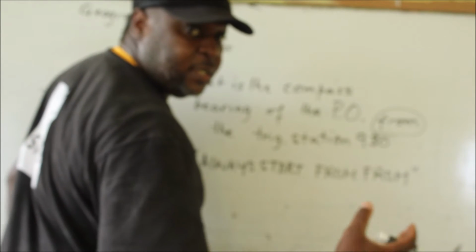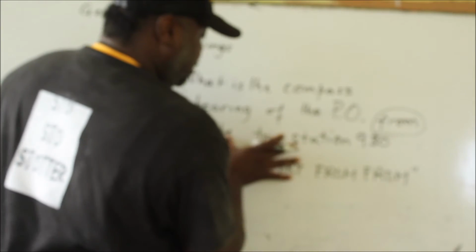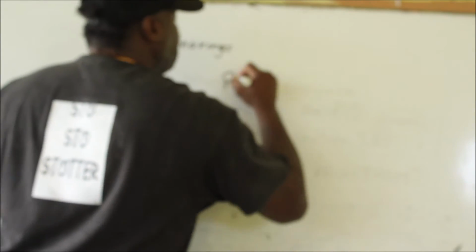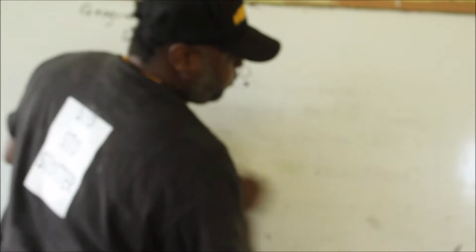So we know that that is our starting point, trig station 930. Let's say that is trig station 930. Hope you all can see it. I hope that's on the screen properly.